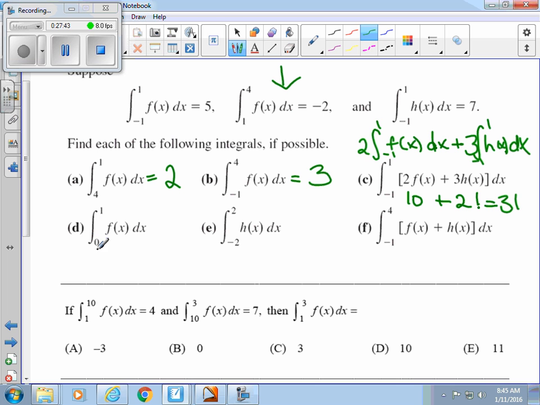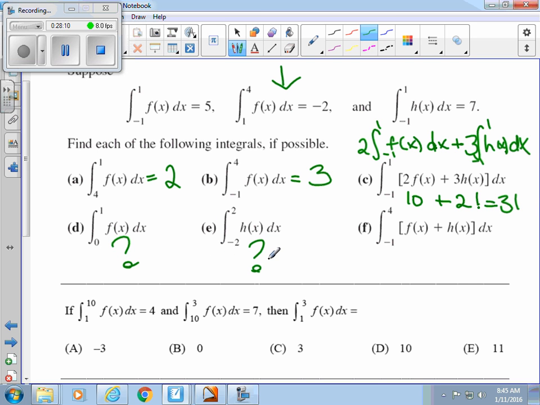Integral from 0 to 1 of f of x. Do I have a property to half an interval? Not unless it said something about f of x being even or symmetric with the other. So on this one, I don't know. So it says if possible. So I would say not possible. I can't find it. What about h of x from -2 to 2?